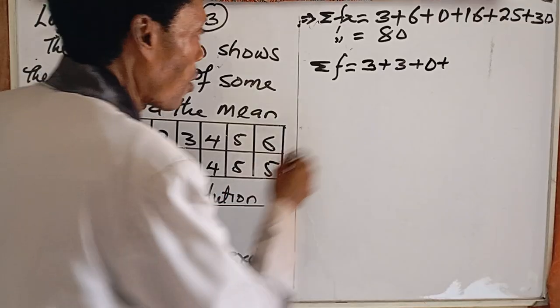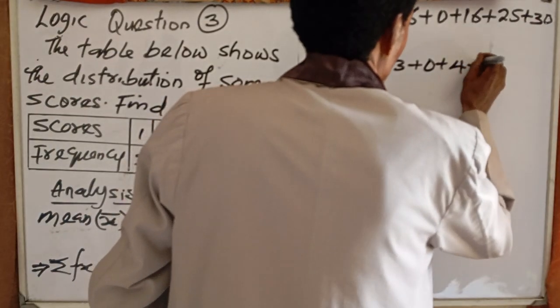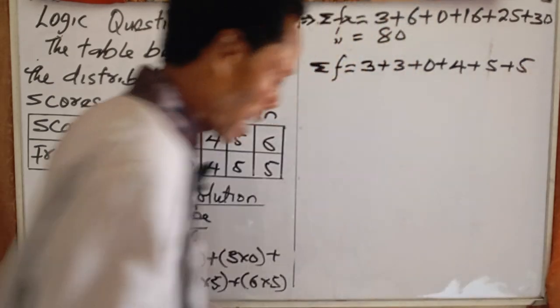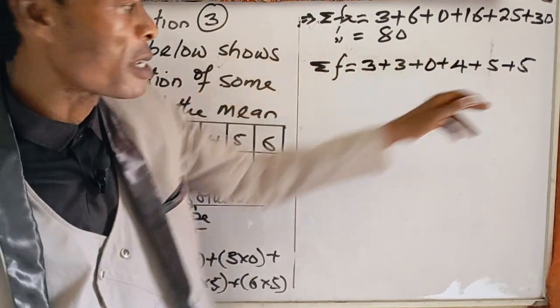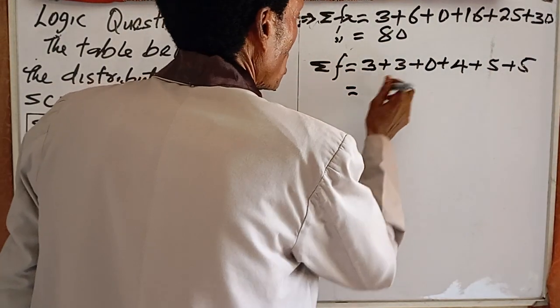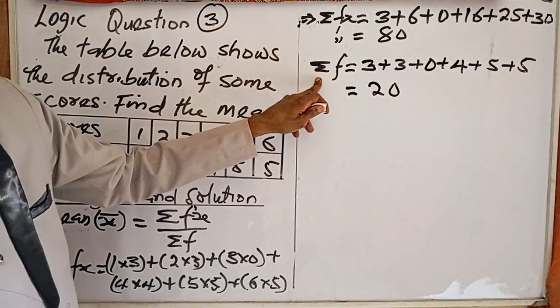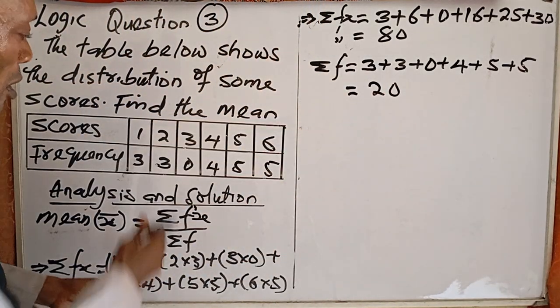When you sum up everything, what we get here is 20. So you discover that the sum of the frequency is 20.